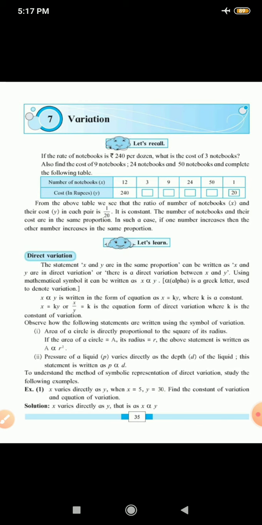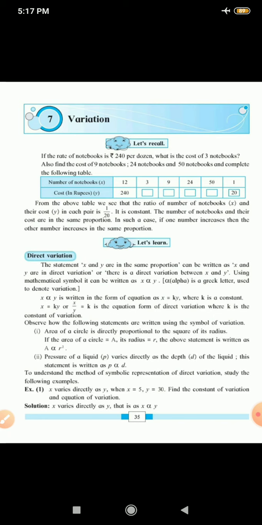Similarly, pressure of the liquid P varies directly as the depth D of the liquid. This statement is written as P varies directly as D. To understand the method of the symbolic representation of direct variation, study the following examples.